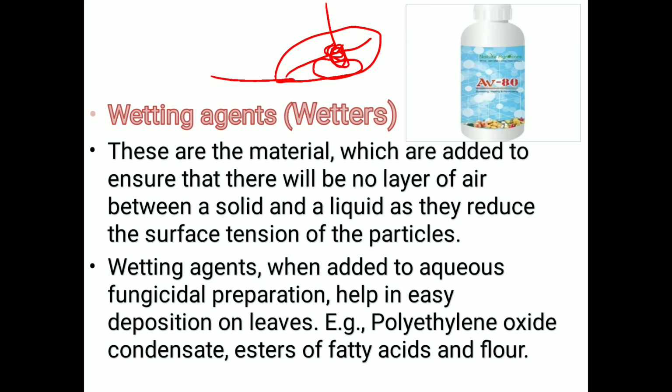The solid portion is the surface of the leaves, and the liquid portion is the droplet of fungicide. So the fungicide sticks uniformly to the plant parts, and due to that the effectiveness of the fungicide also increases.